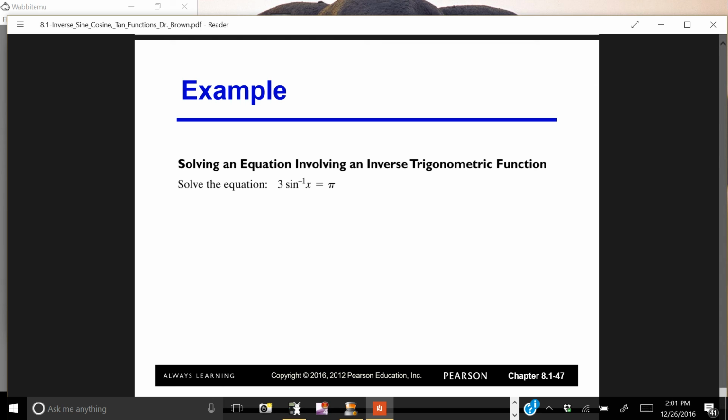If 3 inverse sine of x equals pi, then we know that inverse sine of x equals pi over 3. So now, to solve for x, we take sine of both sides, sine of inverse sine of x is equal to sine of pi over 3.